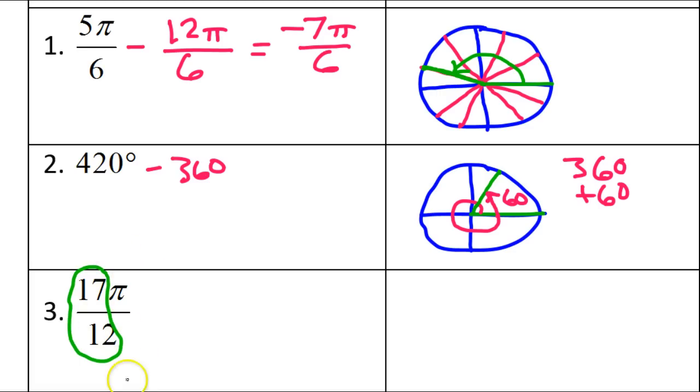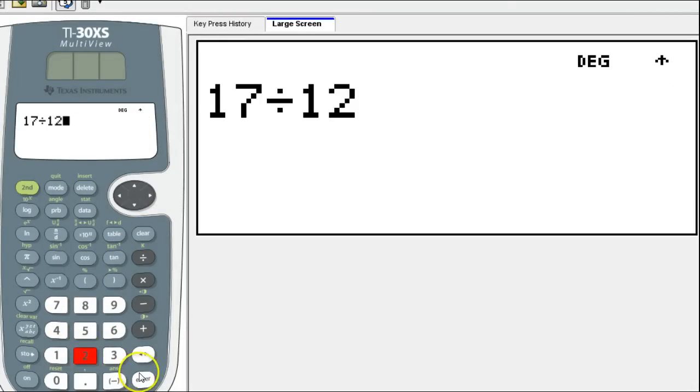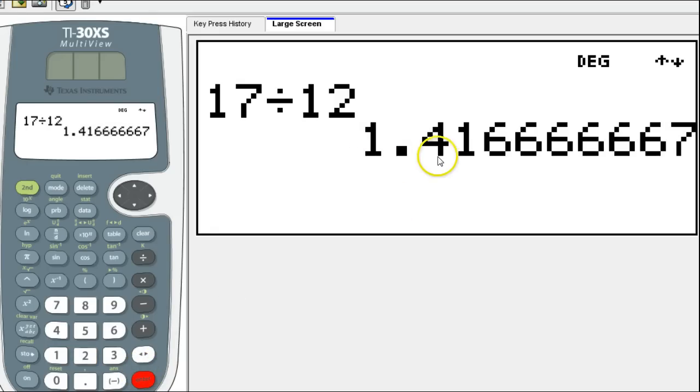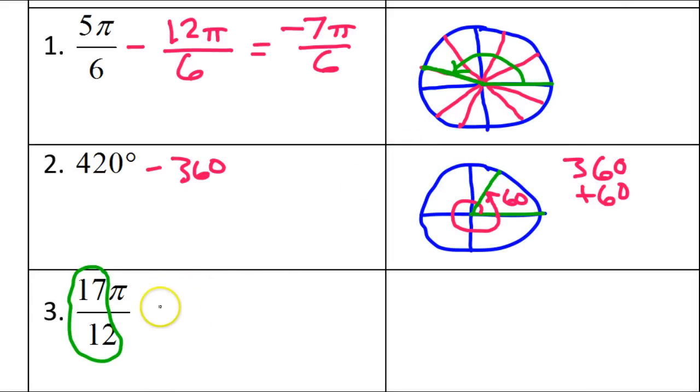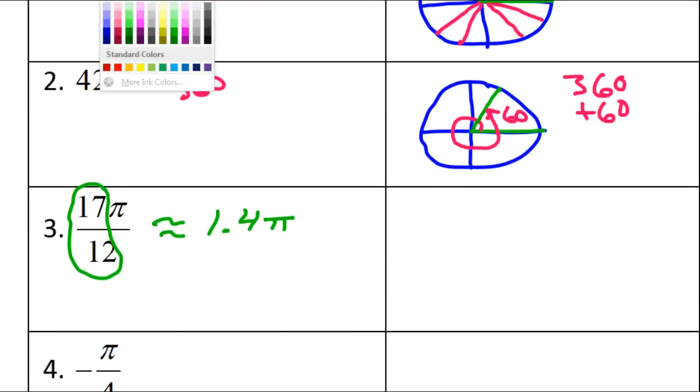Let's turn this into a decimal. 17 divided by 12. Okay, so it's about 1.4 pi. So this is approximately 1.4 pi. So this is going to help me to do my sketch.